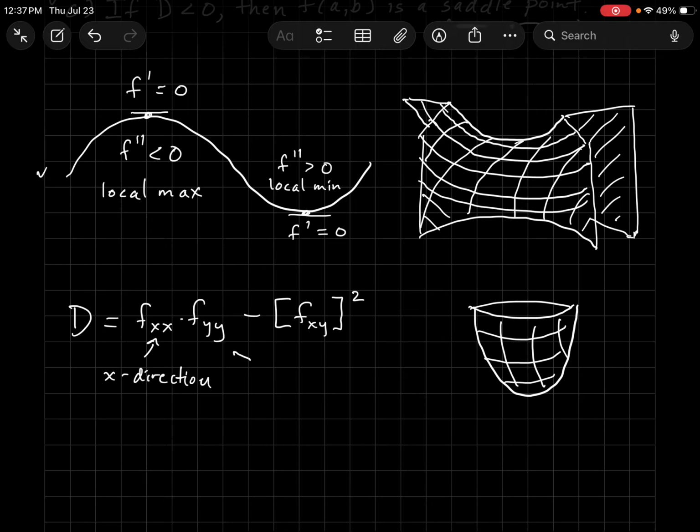And of course, f of yy is telling me how my function wants to bend in strictly the y direction. And so you put those together, it's how my graph is trying to bend in the normal directions, if you would, coming into the x, into the y.